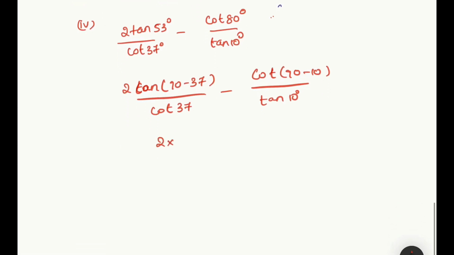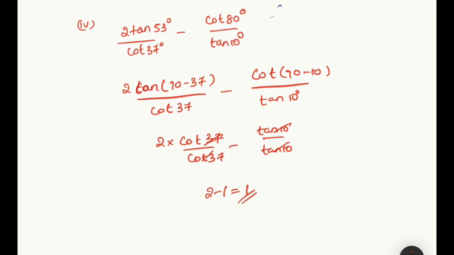That is 2 times tan(90 minus 37) will give you cot 37, by cot 37, minus tan 10 by tan 10. 2 minus 1 equal to 1.